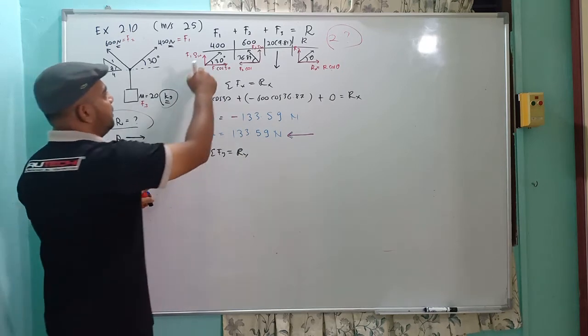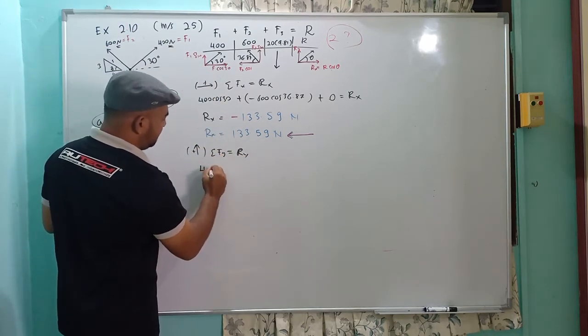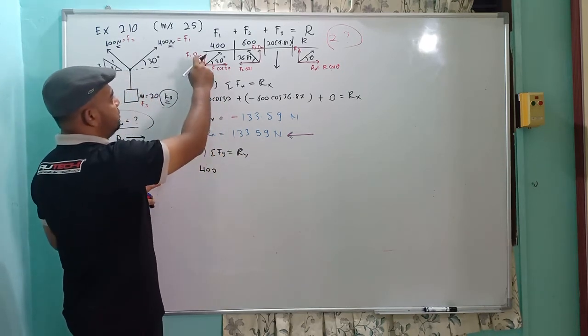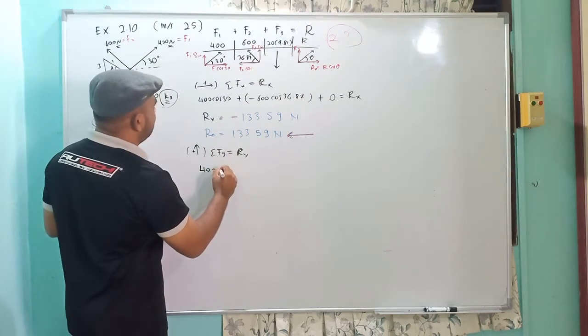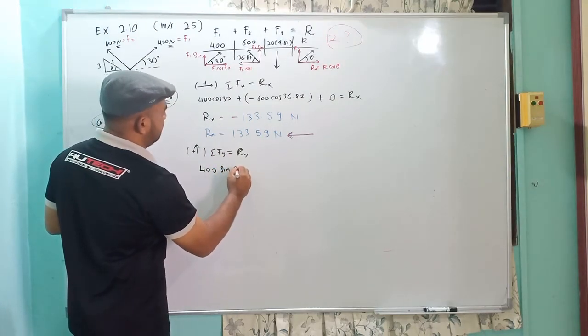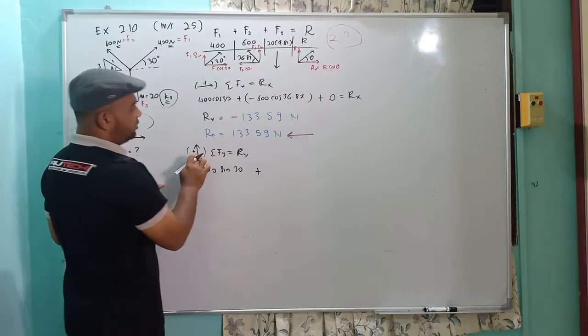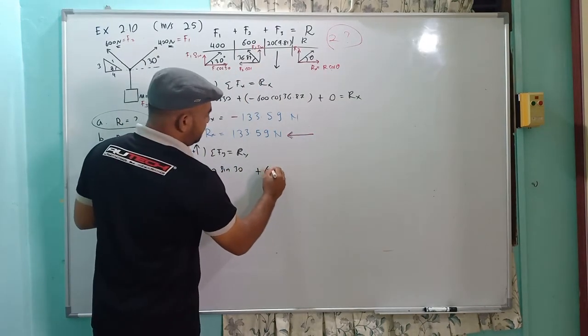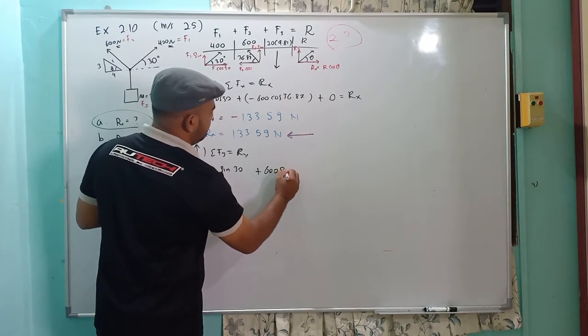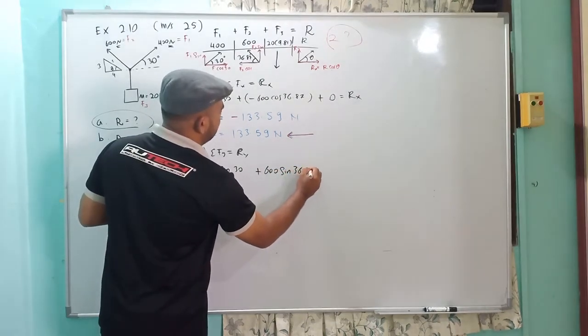So you have here positive, this is positive, it's also positive, so 400 sine 30 plus, this is the same direction as our positive, so it is positive 600 sine 36.87.